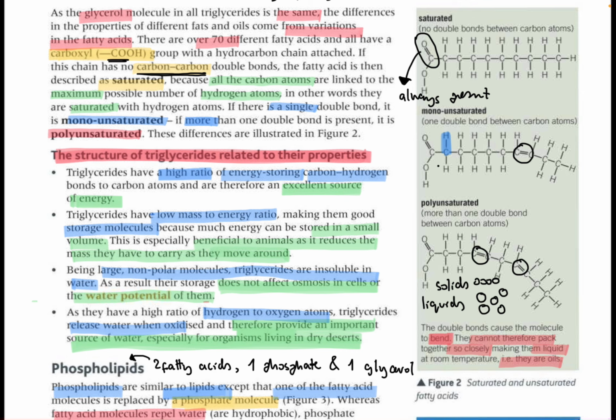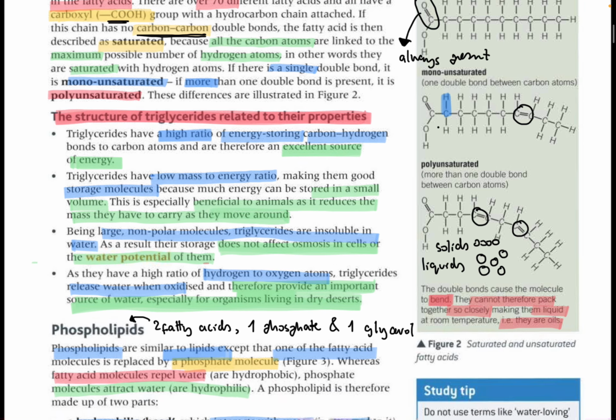Triglycerides have a low mass to energy ratio, so they're really good storage molecules because they're very compact. This is especially great for animals that have a lot of movement, like us humans, because it means that we can store a lot of fat in a tiny little volume, so maximum the amount of energy.